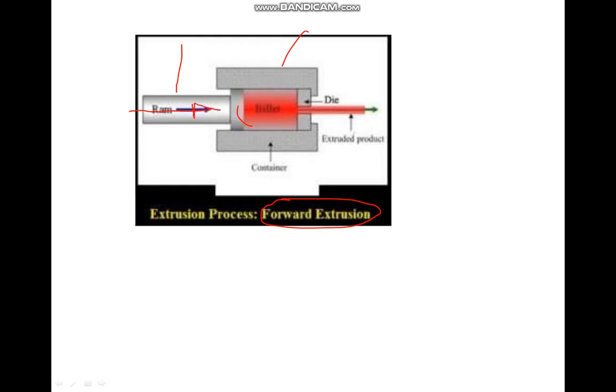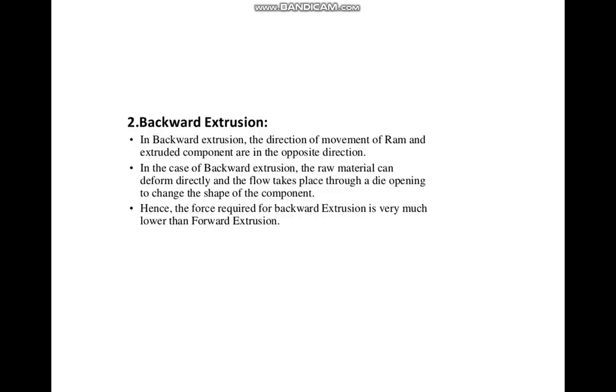The ram pushes the billet through the die opening and the work part is extruded through the die opening and acquires the shape of the die opening. In this case, the ram is moving in the same direction as the extruded component. So the direction is the same. That's why this is called a forward extrusion or direct extrusion process.